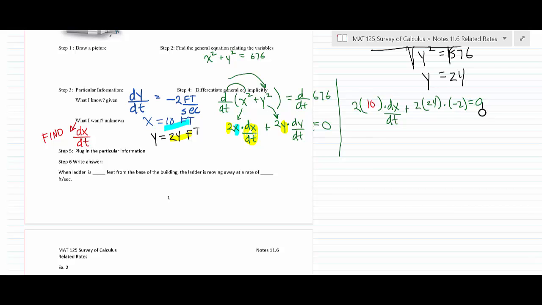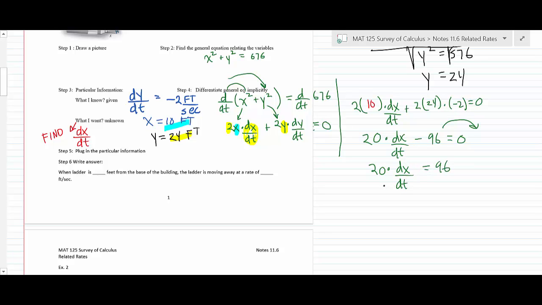Now, we need to solve this for dx over dt. So now it's pretty simple. That's going to be 20 times dx over dt. If you multiply all this out, that's going to be minus 96 equals 0. I just do the arithmetic. Now you can move the 96 to the other side. So you'll have 20 times dx over dt equals 96.